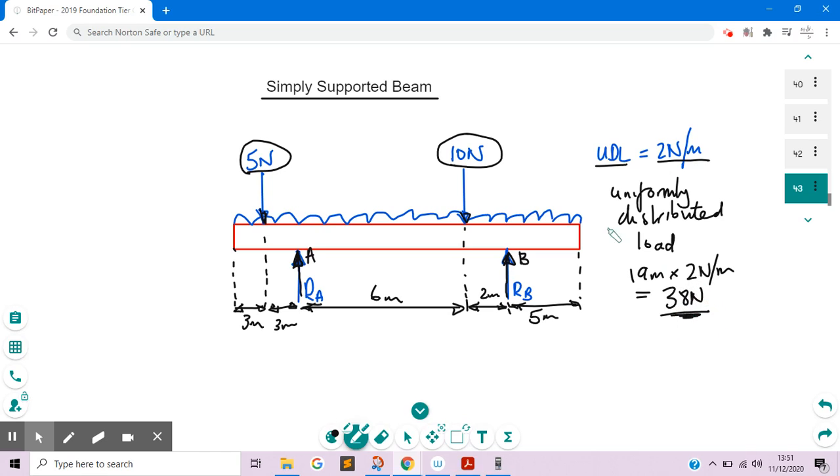So we can see that the total load supplied by the uniformly distributed load is 38 newtons, and it acts at the centre of the load, so the halfway point.